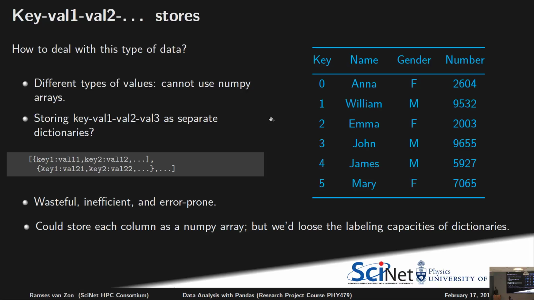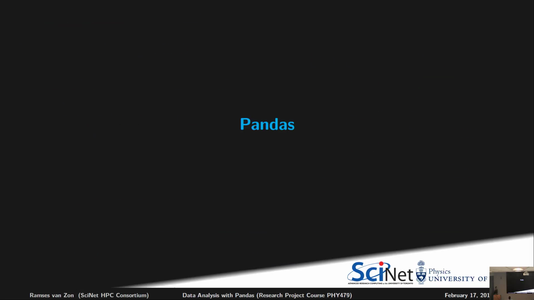So I can't ask for key 2 and get these. Well, if the keys are numbered like that, it's easy. But if the keys were not, it would be hard. And not only would I like to be able to label the columns, I'd also like to label the rows. So there's room for an improvement here, and that's what Pandas gives.